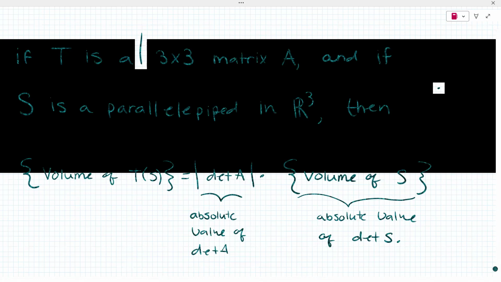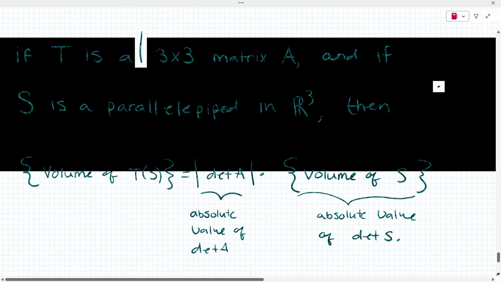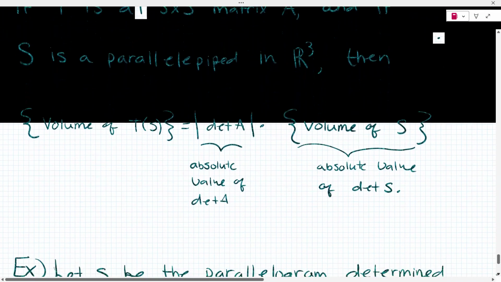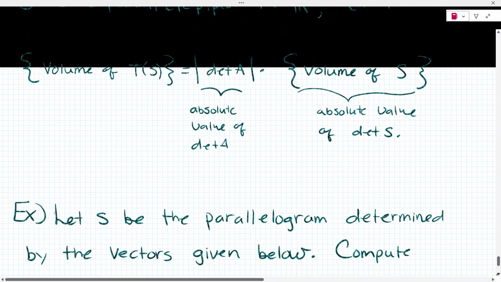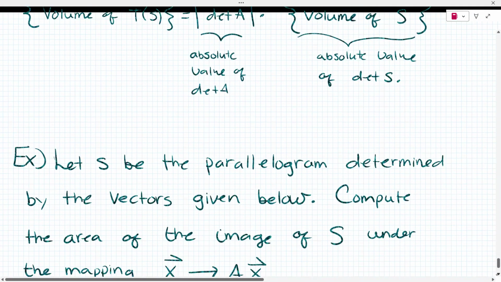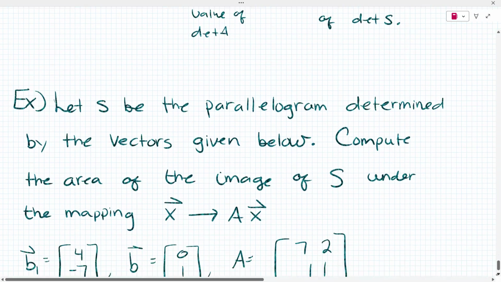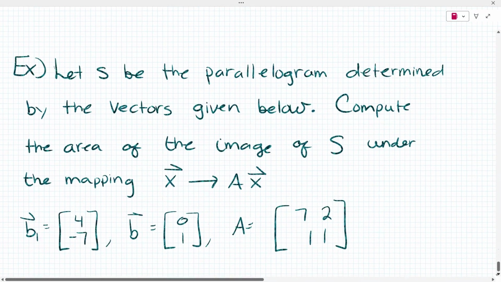So let's do an example. It says, let S be the parallelogram determined by the vectors given below. Compute the area of the image of S under the mapping x maps to Ax, A times vector x.